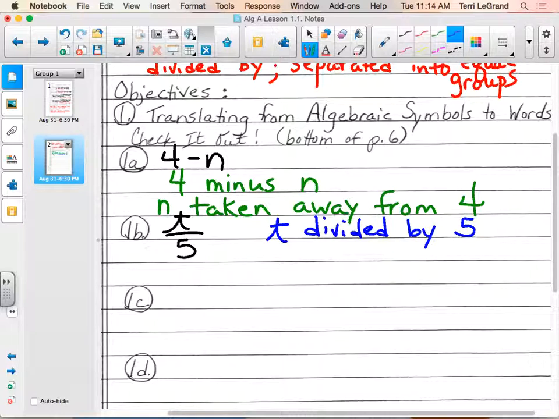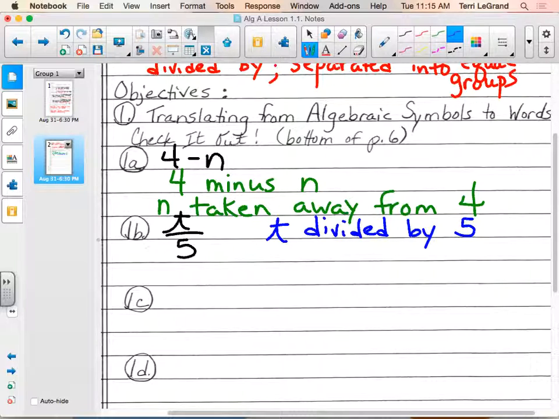Devante? 5 separated into t groups. If we did it that way, 5 separated into t groups. Let's pretend t is 2. 5 separated into 2 groups. What would there be in each group? 2.5.